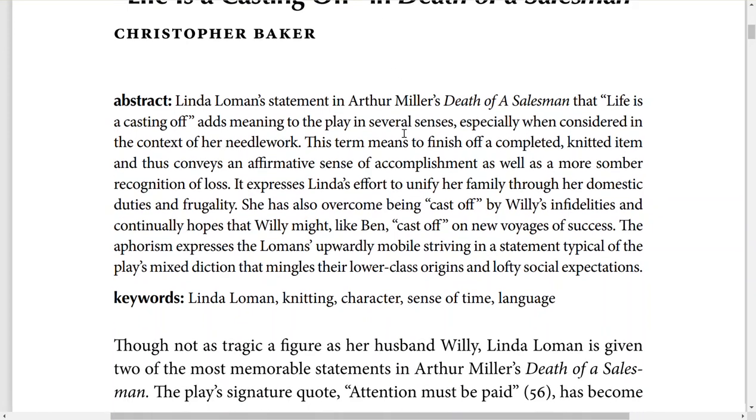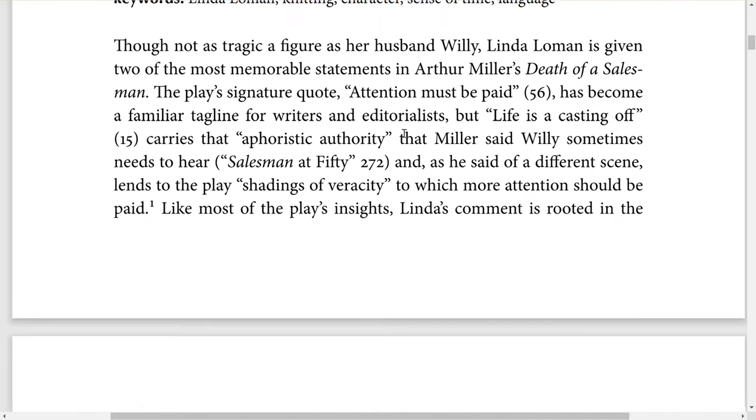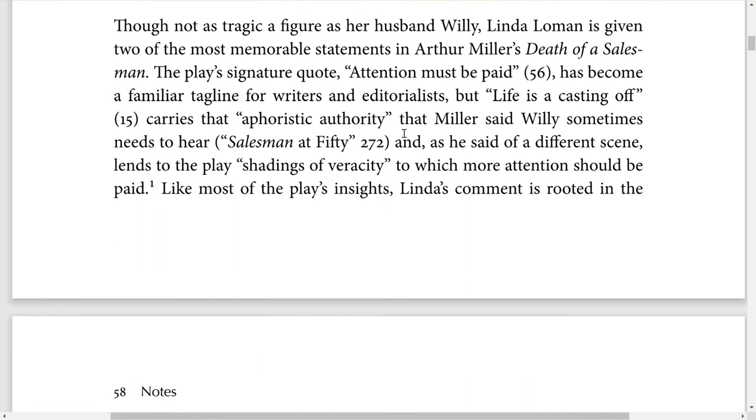So again, look at the example here. The author rightly just walks into the text from the angle he wants to analyze the text, and that's a quotation, or rather two quotations, that Linda Loman, the wife of Willy Loman, says in the play.